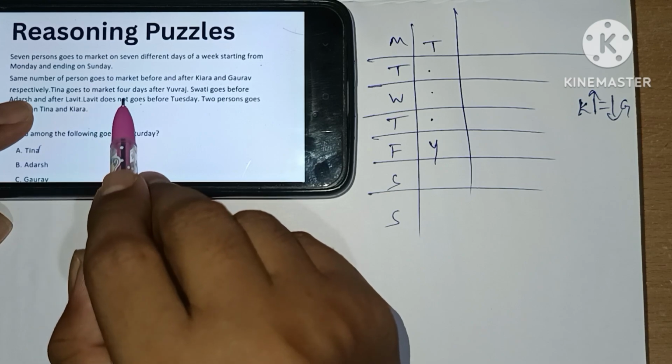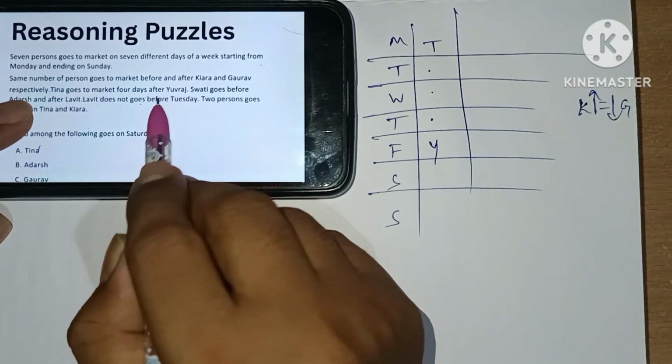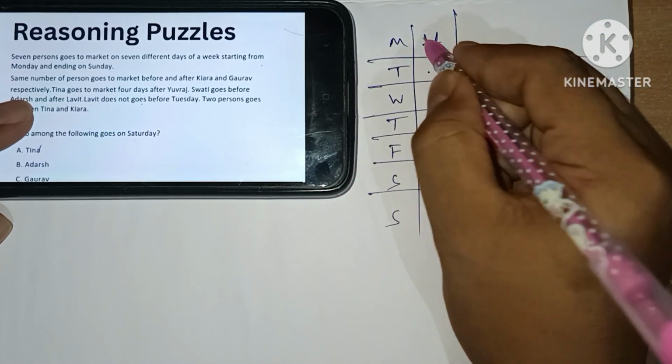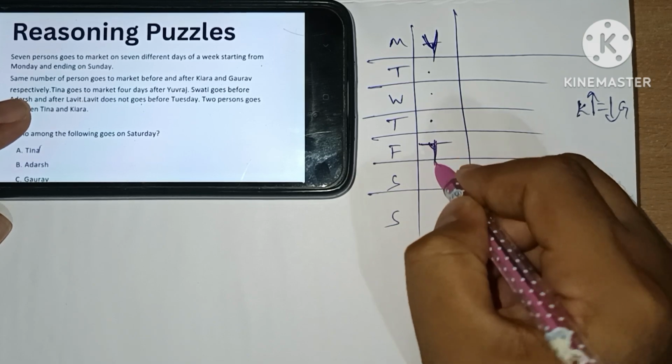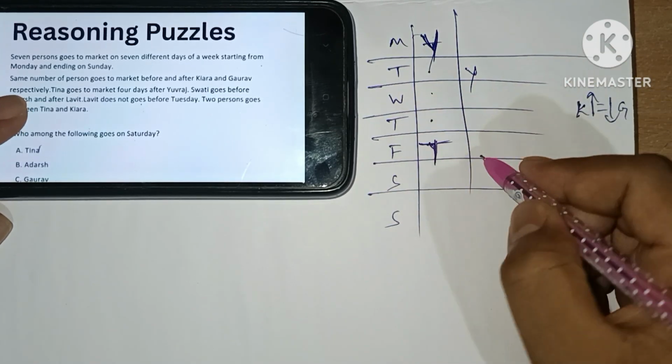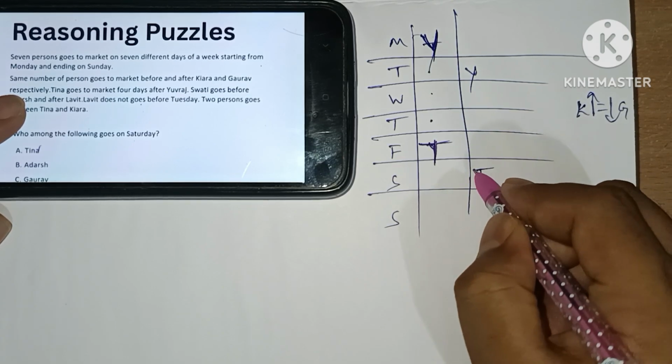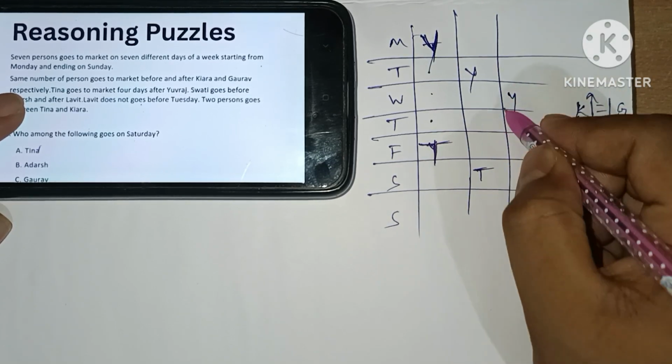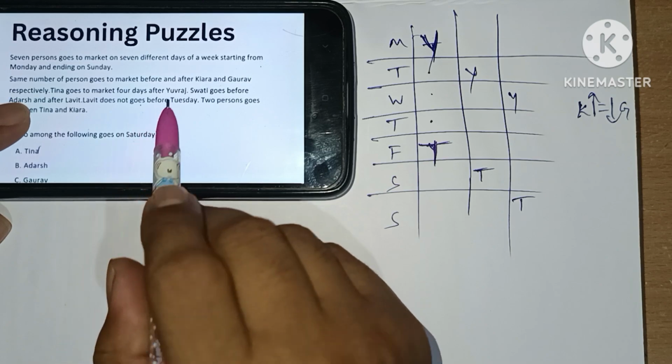Tina goes to market 4 days after Yuvraj. After Yuvraj means Yuvraj's place is here and Tina's place is here, like this. Next one: Yuvraj can be placed here, Tina here. One more possibility we have: Yuvraj here and Tina here. Okay.